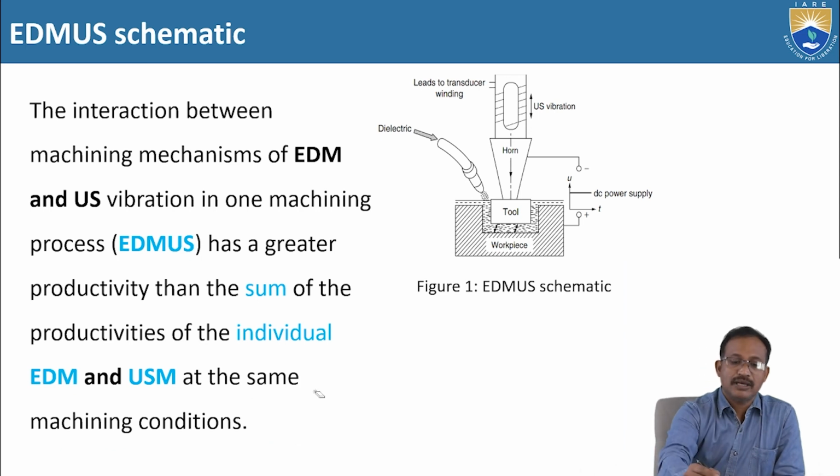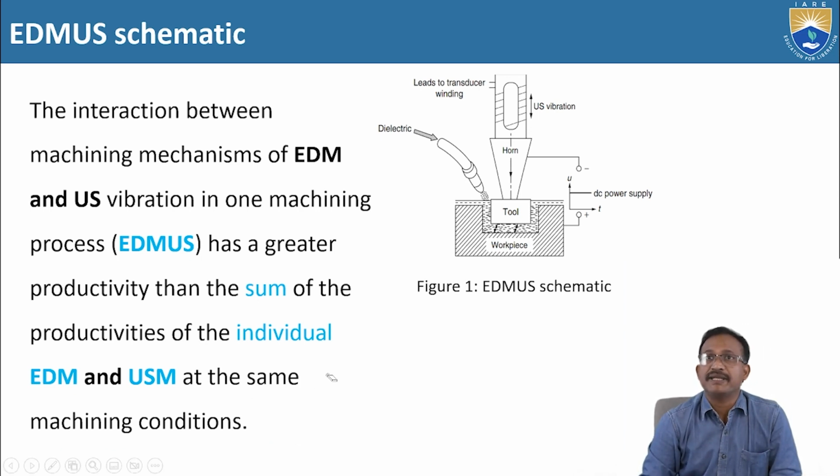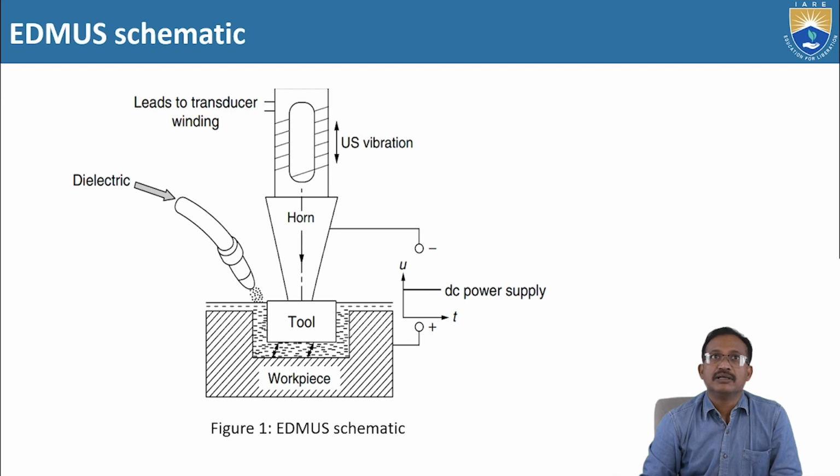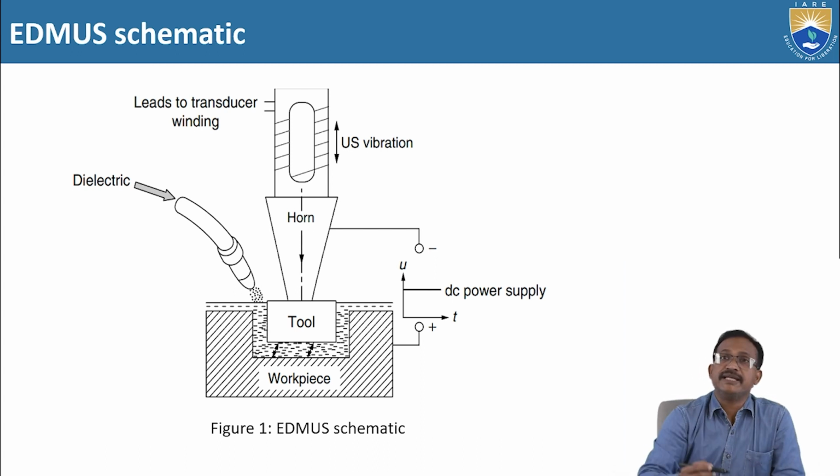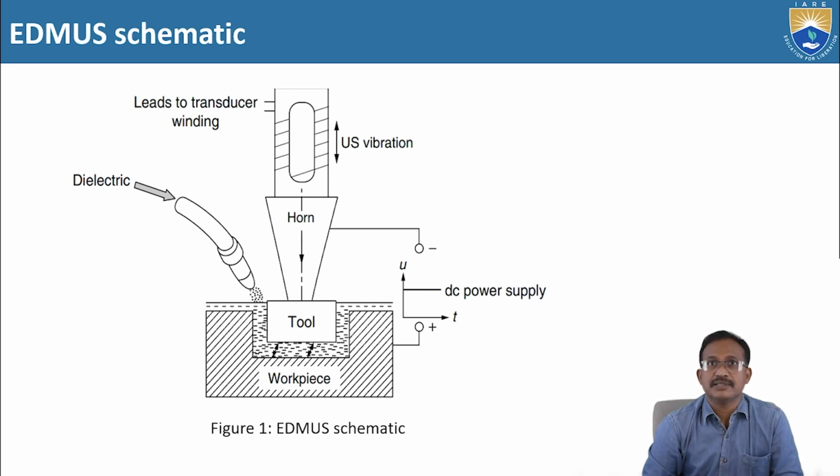This is the setup or schematic of electro discharge machining ultrasonic, EDMUS. See here, the DC power supply: the positive terminal is connected to the workpiece and the negative terminal is connected to the tool.